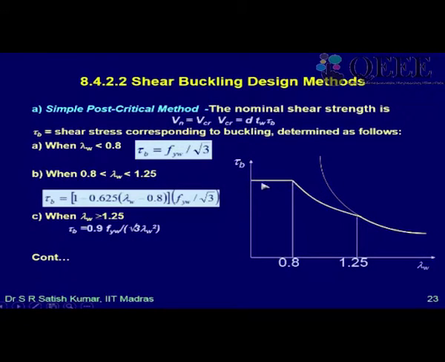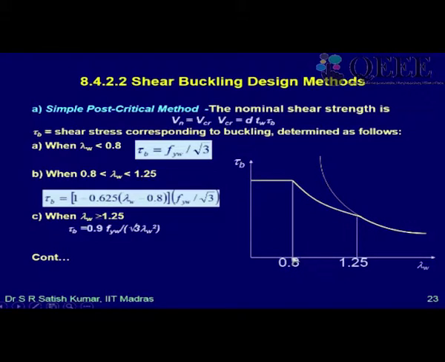But for practical plates, there are three zones. When lambda w is less than 0.8, the plate will yield and collapse. So if you put d by tw as 67, you will get lambda w around 0.8, and you will find that you don't have to calculate the critical buckling strength. It will fail by yielding.